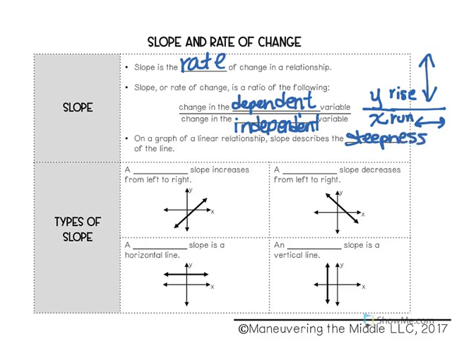So there are four types of slope. When I take my finger and read a graph, a line from left to right, and I notice I am going up, that is positive. If I look at my graph from left to right and I'm going down, I'm negative.